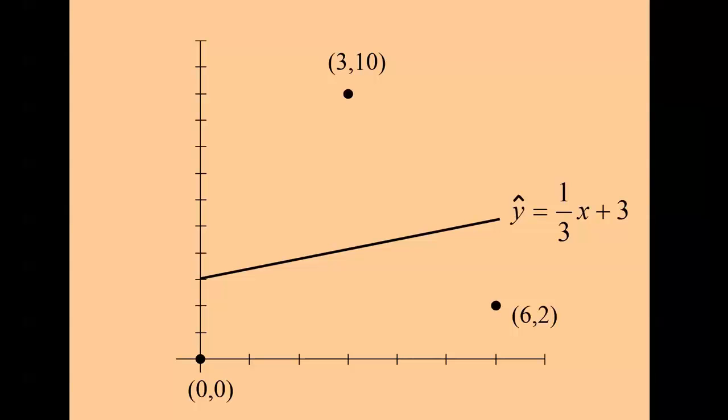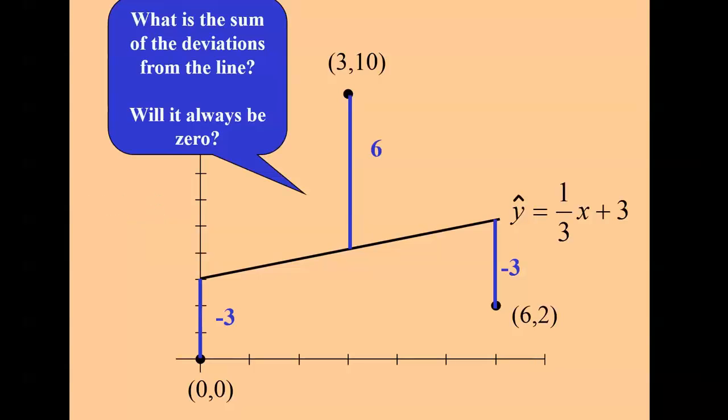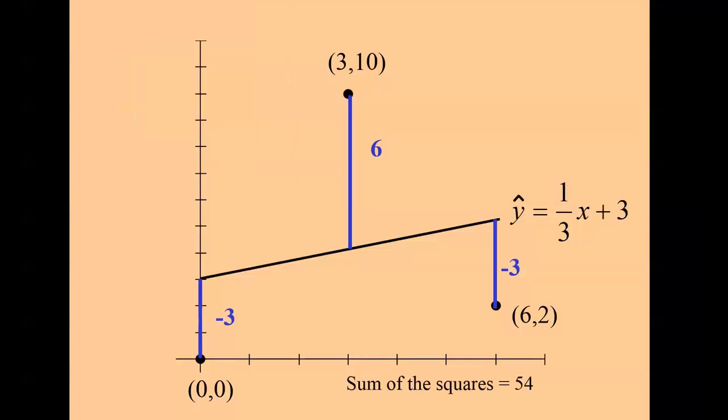So there's an error for each point. If I take the first point, I get an error of 3, so it's off by -3. The second point is 6, and the third point is off by -3. Now, when I square these numbers and add them, I get 54.